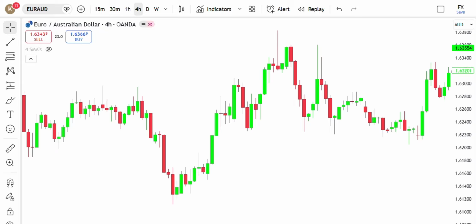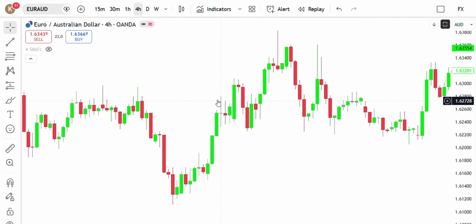For these, we need to ensure that the wicks are at least twice the length of the candle body on one side, with little or no wick on the other side. If there are wicks on both sides, like these candles, then this could indicate an indecision between buyers and sellers, and we would therefore have to wait for further confirmations before we can predict where the markets will go next.